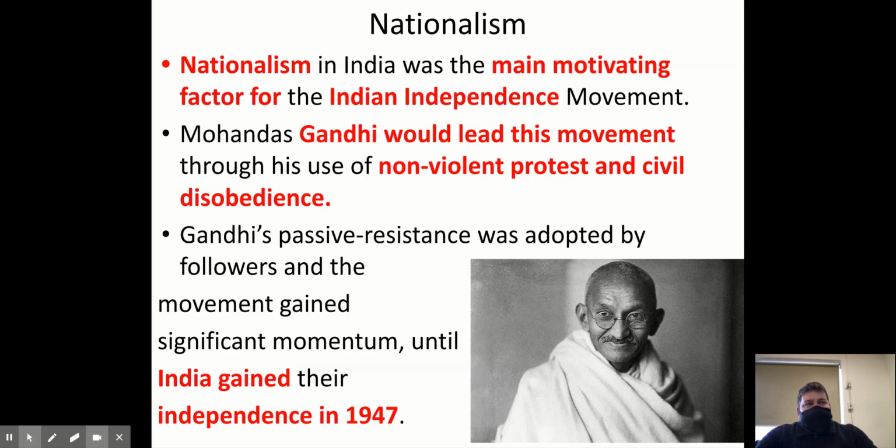So Britain has just fought back-to-back world wars in the span of 30 years or so, and they are destitute. Britain, although they were technically on the winning side of each of those world wars, they have experienced economic despair as a result of funding these wars, and Britain simply does not have the economic resources to continue running all of these colonies, so they are left with no choice but to grant India its independence.